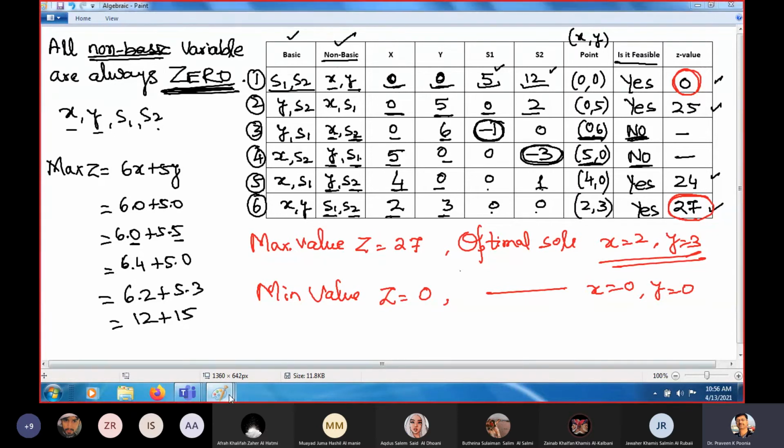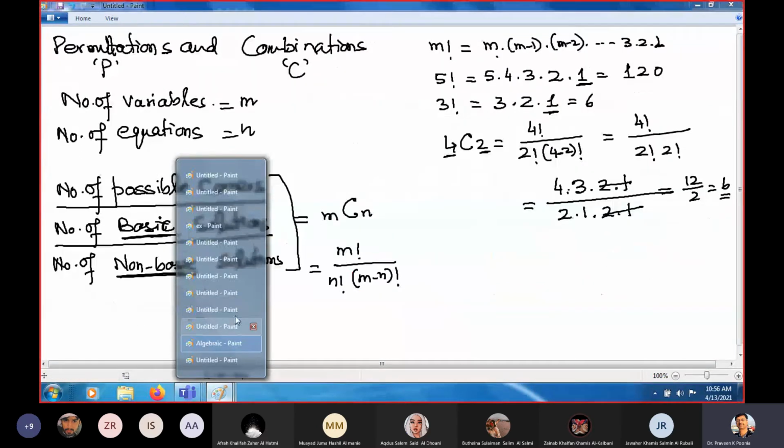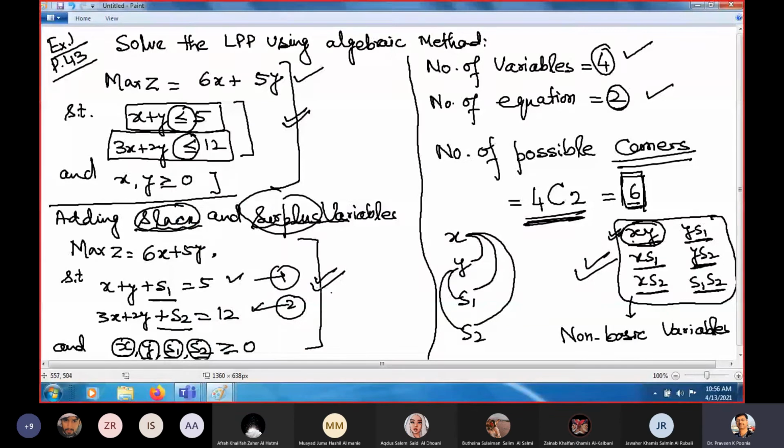In this question, what good thing is, first you need to change them into equalities, then find the possible solutions, and then the important point comes. What is the important point? You need to write these 6 pairs. It is always first x, y, then s1, then s2, like this one.